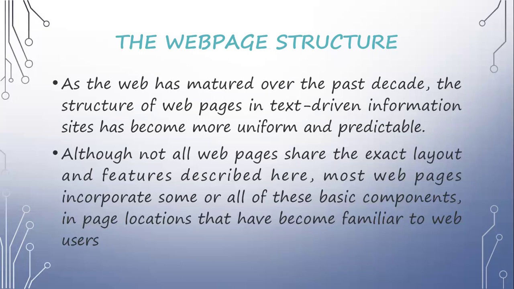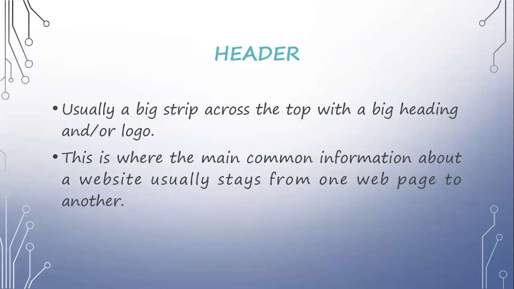So the various layout features described, we are going to see them, starting with the first one, that is the header. Usually a big strip across the top with a big heading and/or logo. So this is the header.